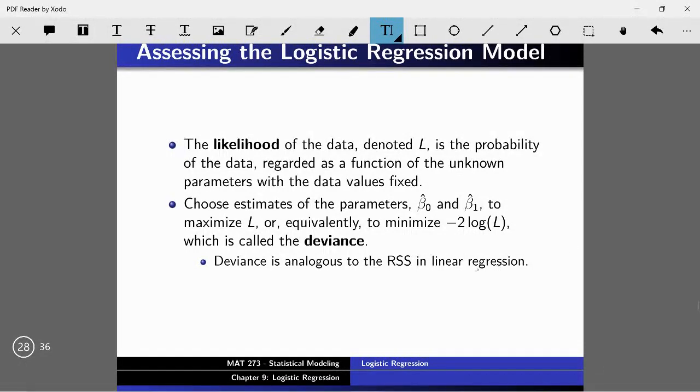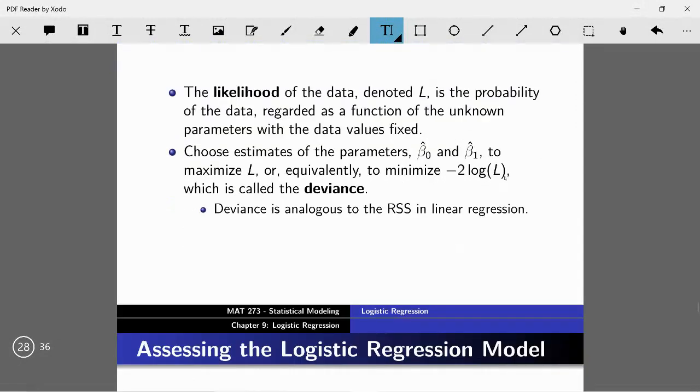Log is a monotonic function, so minimizing the negative log is the same as maximizing the log likelihood, which is the same as maximizing the likelihood. I know that was a lot, but think about it carefully: minimizing the negative of something is the same as maximizing the positive version of that same thing. So that's how that's working.